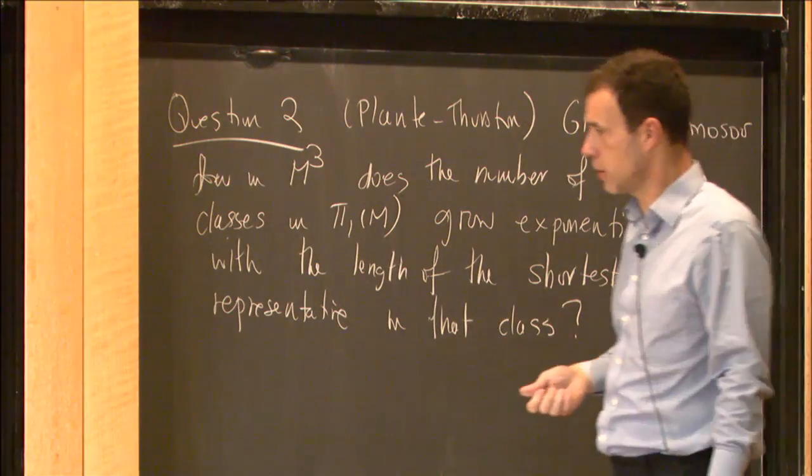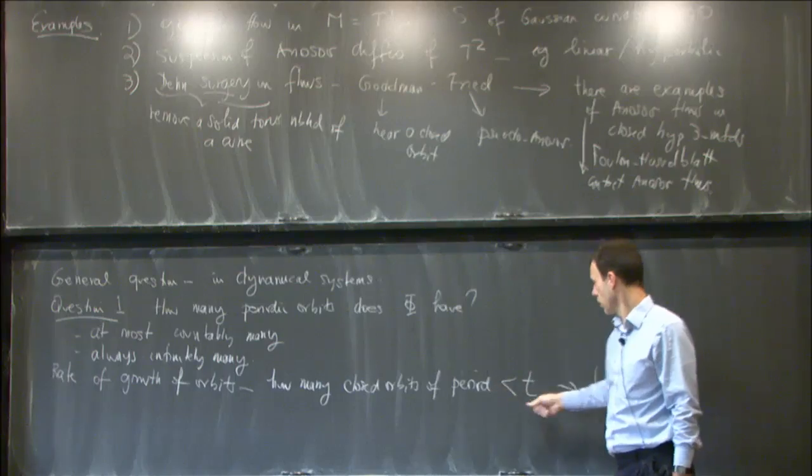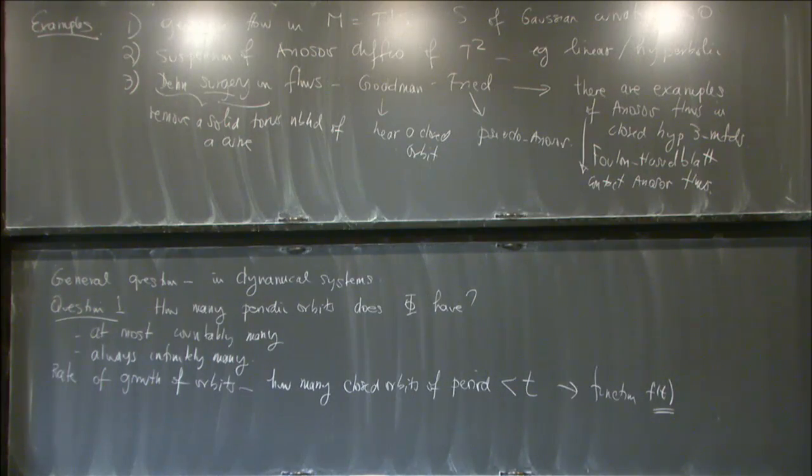So what does this mean? So we know that the number of orbits of period less than t grows exponentially.